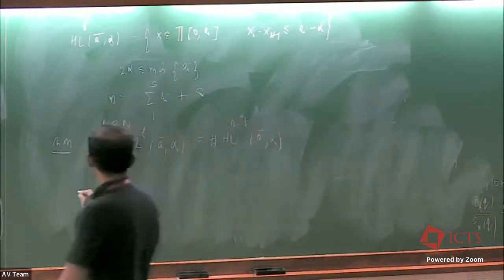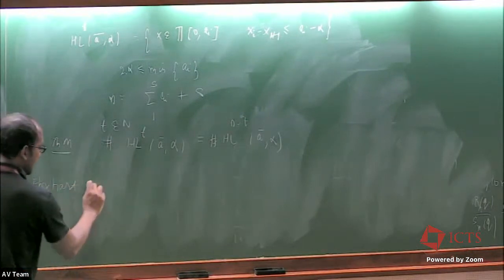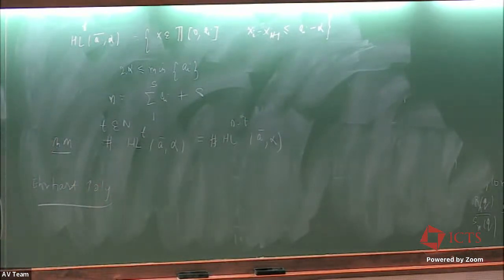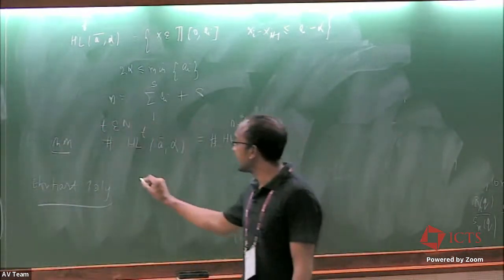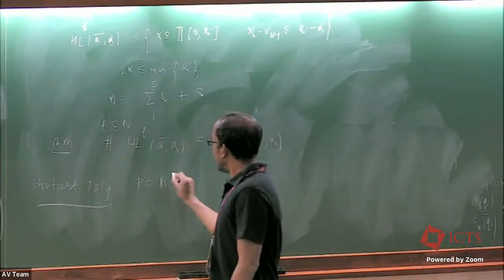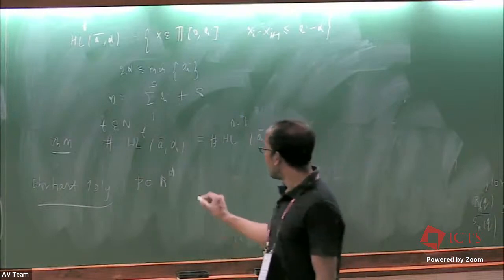So we have this notion of the Ehrhart quasi-polynomial. I'll be done in 2-3 minutes, okay? The Ehrhart polynomial is the following thing. For people who haven't seen it, suppose you have a polytope whose vertices are lattice points or integer vectors.